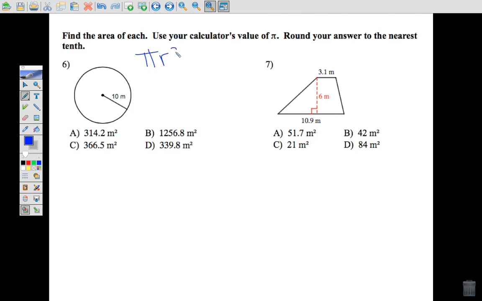Area is pi r squared here, and you're given r. Because there aren't pi's in the answer, that means you type pi in your calculator. This is a trapezoid, so the formula is 1/2 base 1 plus base 2. These will always be the 2 that are parallel to each other on a trapezoid. And then that's going to be times the height, which will be the distance between the 2 bases.